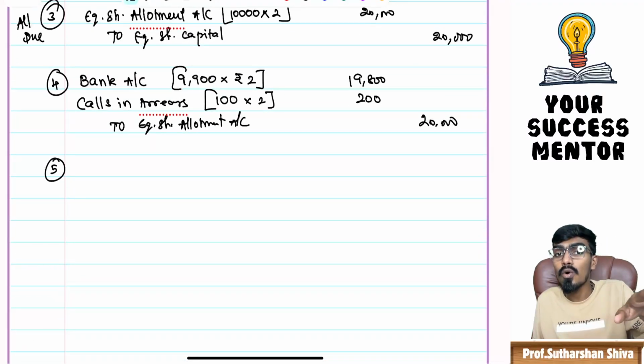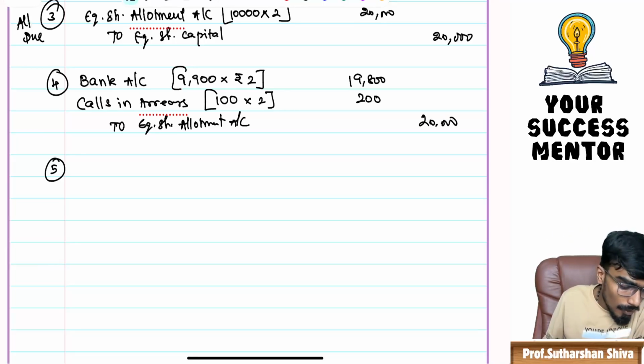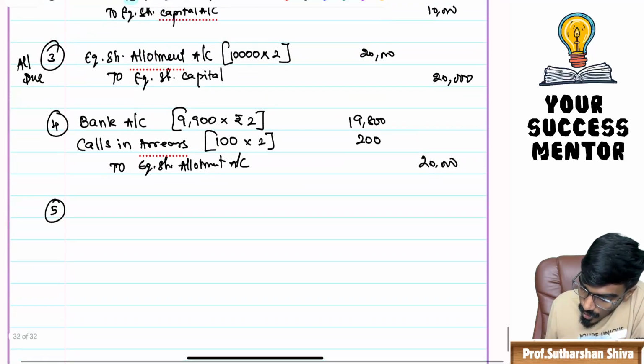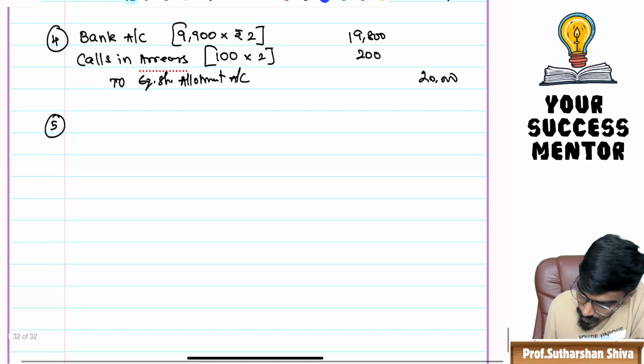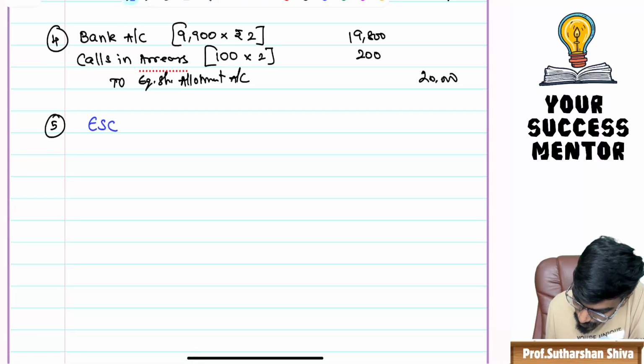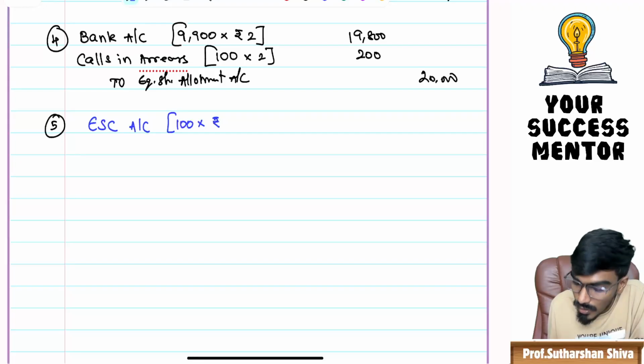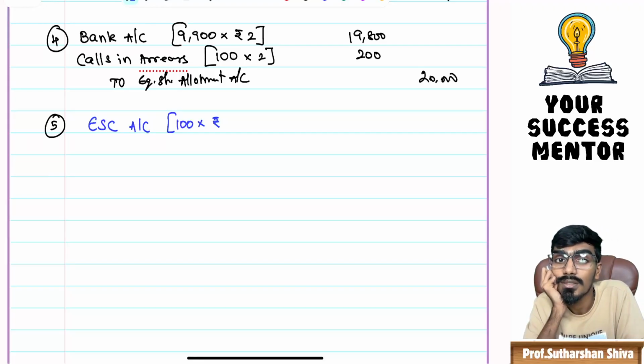Immediately you should not go and push for the first call. They said immediately after allotment we are making a forfeiture. Now how many shares did we forfeit? 100 shares. Equity share capital account debit with 100 shares into how much? 3 rupees.